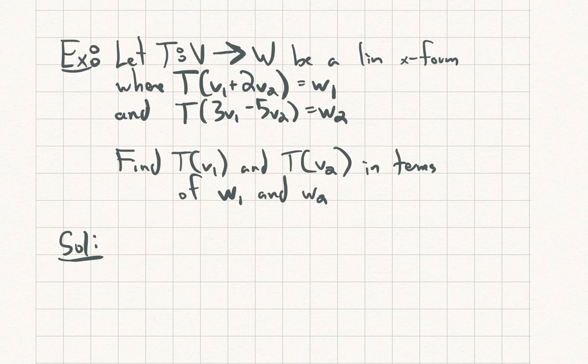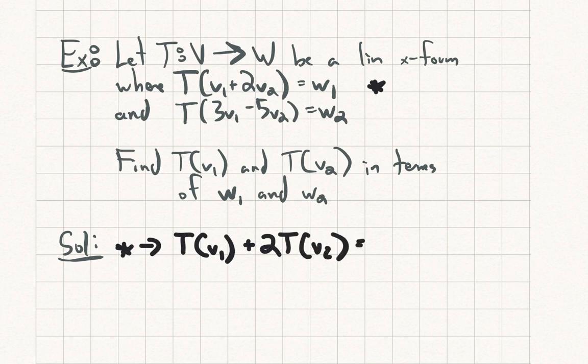So let's use our properties of linear transformations to simplify this one here and this one here. So from, let's call this star, we have that T(V1) plus 2T(V2) equals W1.